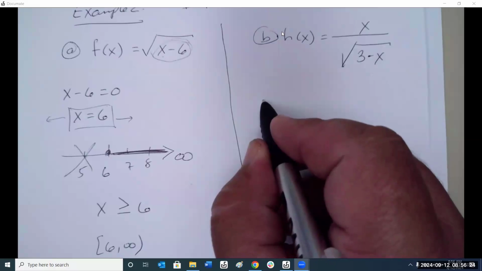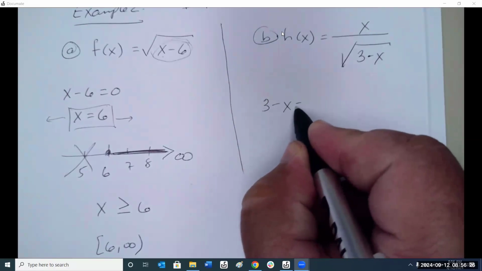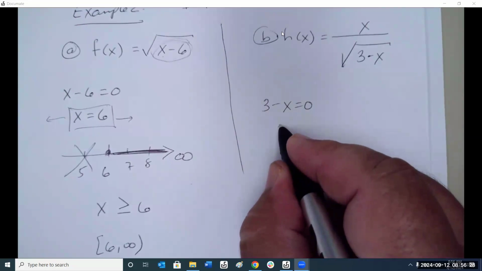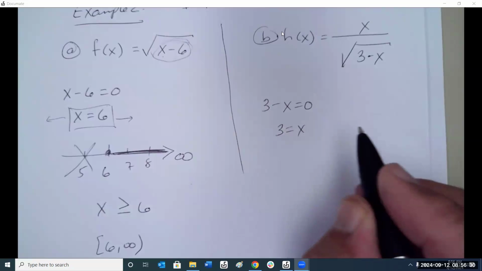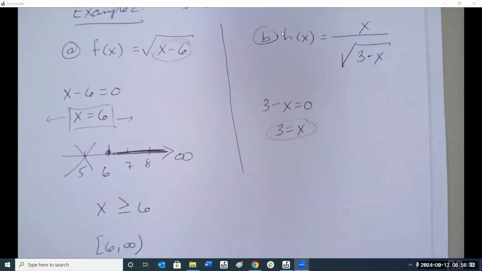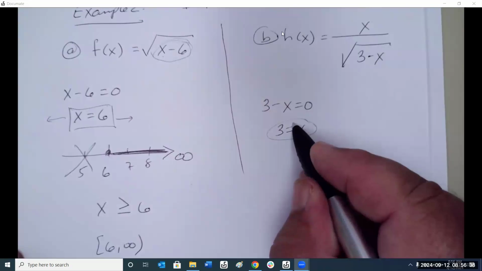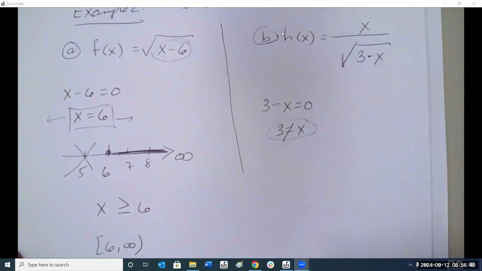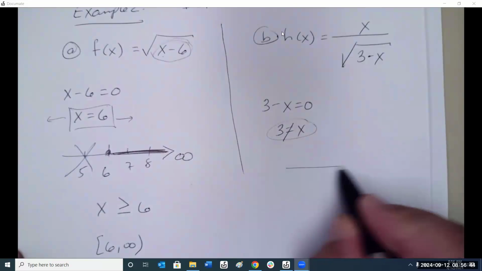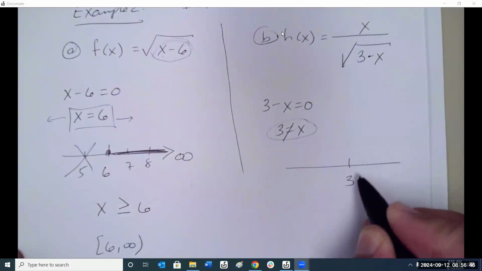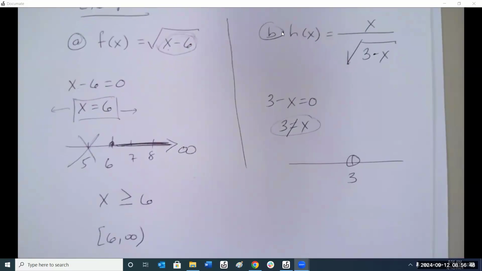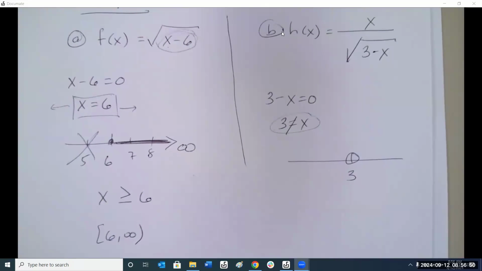So we take the bottom number, set it equal to 0. We know that if x equals 3, we get a 0 on the bottom. So we can't use that. But in our solution set, we can begin at 3. We just can't use it.